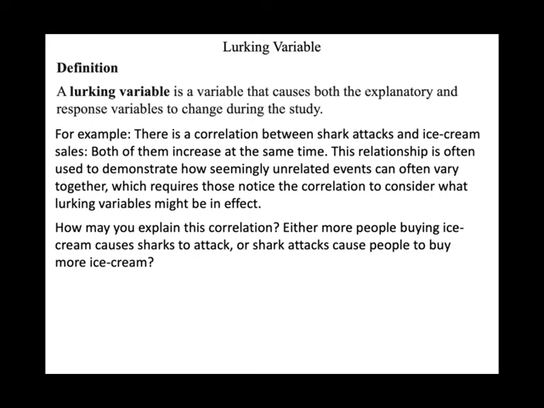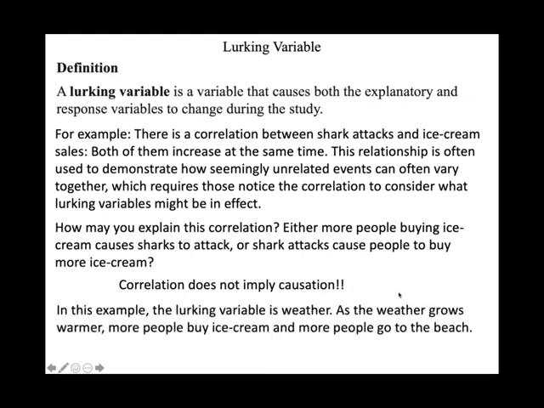The answer is neither, okay? Remember, correlation does not imply causation. There is a correlation between shark attacks and ice cream sales, but it doesn't mean one thing causes the other to happen. So the answer to this question is neither. They have a relationship but it doesn't imply causation.